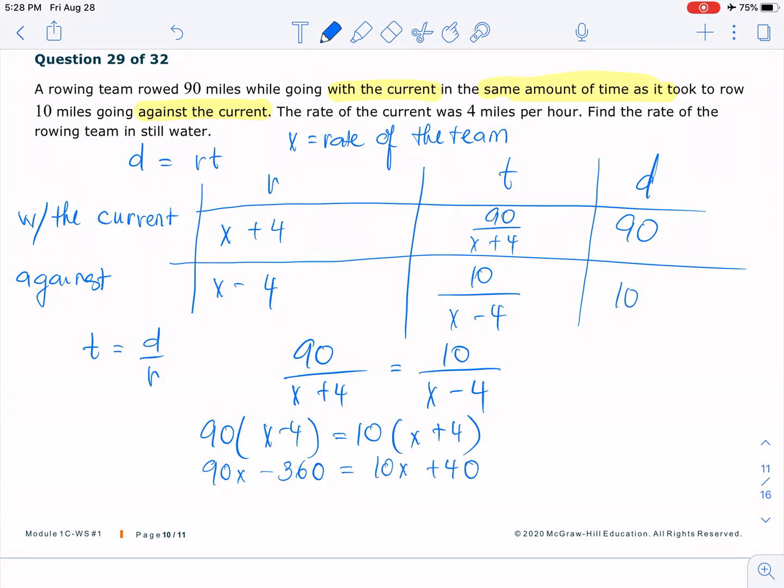Okay, so if I subtract 10x, I get 80x here, and I get 400 here. And then when you divide, I'm going to end up with 5, which is 5 miles per hour.